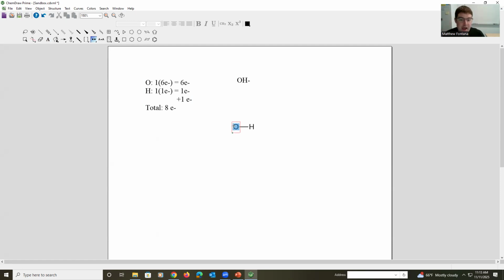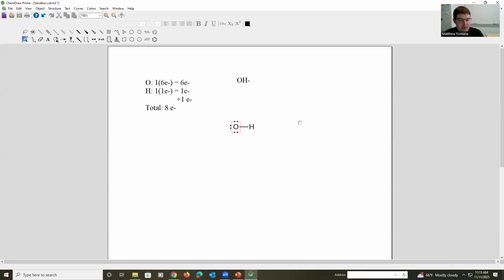And so we'll add 1 lone pair, 2 lone pairs, and 3 lone pairs. When you do that, you'll see that the oxygen in hydroxide has a full octet, because it has 2, 4, 6, and then 8 electrons associated with it.